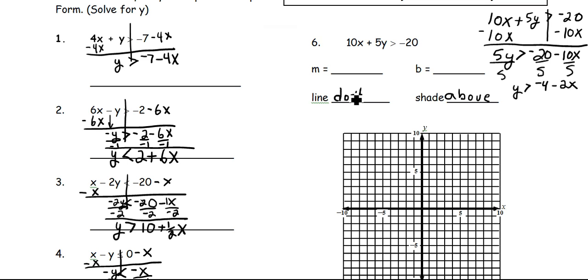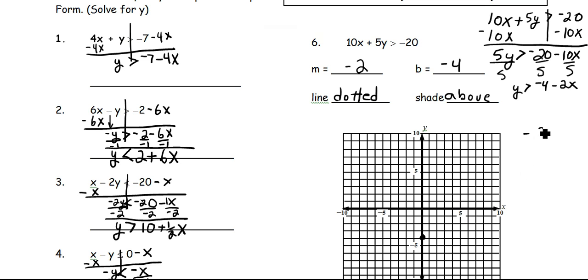Our slope is the coefficient of x, which is -2. Our beginning point on the y-intercept is -4. So I will go to -4, put my beginning point. My slope of -2 is like saying -2 over 1, or down 2, right 1.